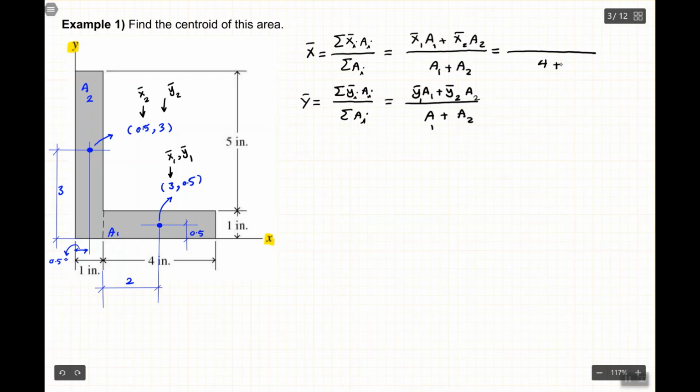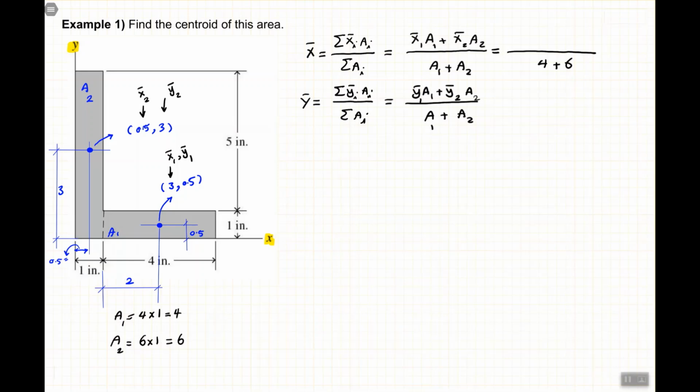and A2 is 6. Remember A1 here, I'm writing it down here, is 4 multiplied by 1, right? And A2 is 6 multiplied by 1, which is equal to 6.